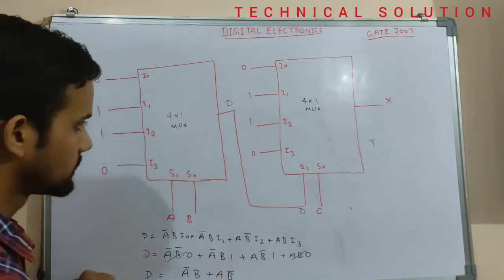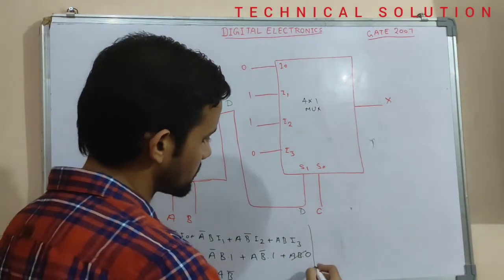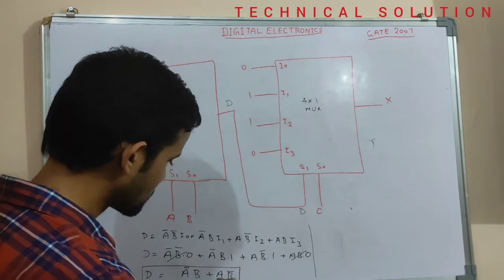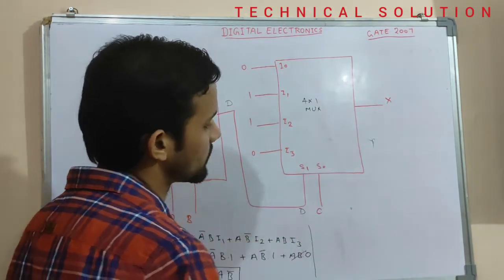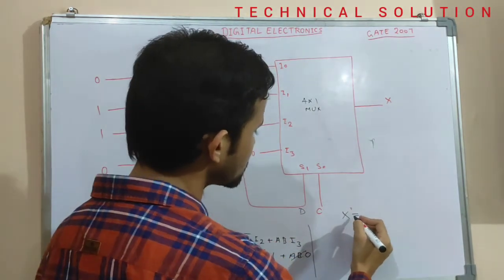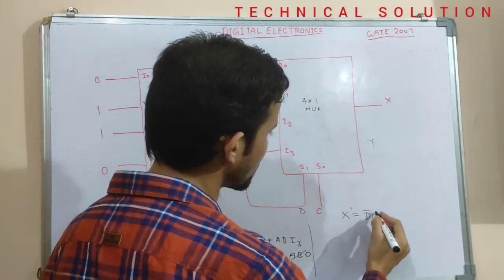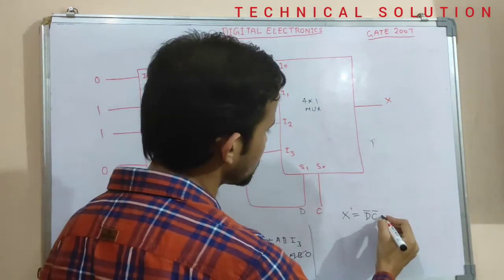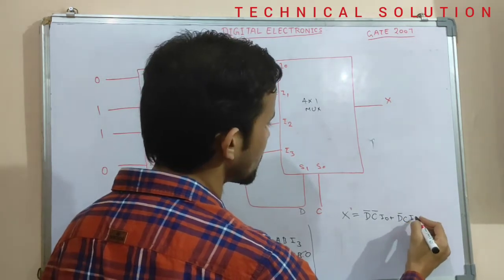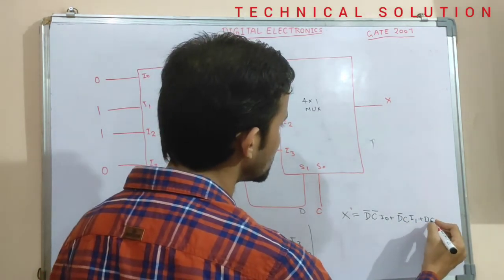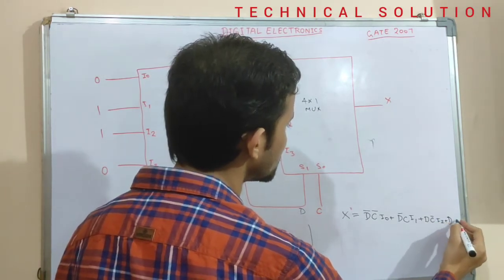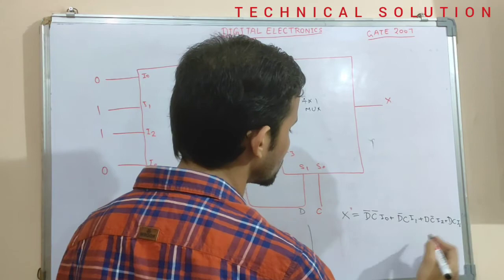This D behaves as a selection for the second multiplexer. So the output x is given by D bar C bar I0 plus D bar C I1 plus D C bar I2 plus D C I3.